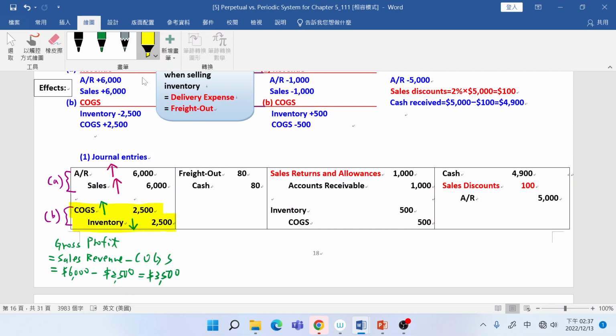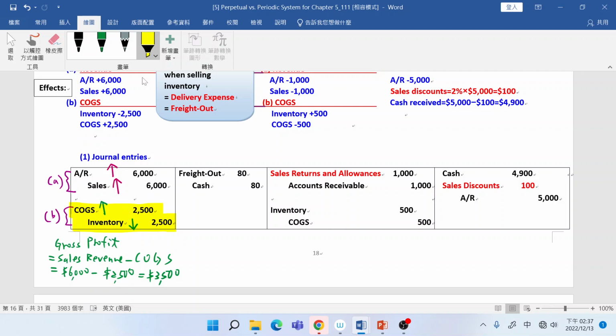Any questions? Please make sure you understand perpetual 永续盘存制, because next week when we talk about the second method, periodic, it's very simple and just uses 5 minutes. Based on perpetual 永续盘存制, I give you 2 points.